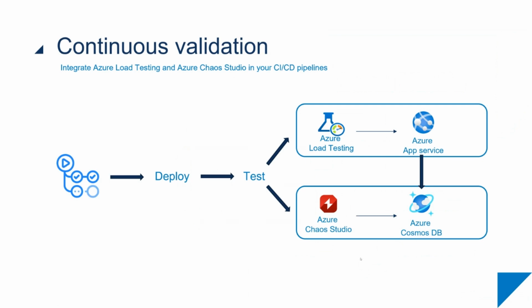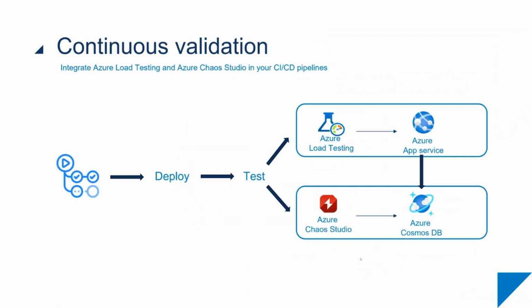First, you start your pipeline, you build the stuff, you test the stuff, and then you deploy it to your environment. Then you can start running not just your load test like we talked about last time, but also integrate chaos during your load test to identify not just how the system performs under normal circumstances, but how it performs under chaos circumstances.